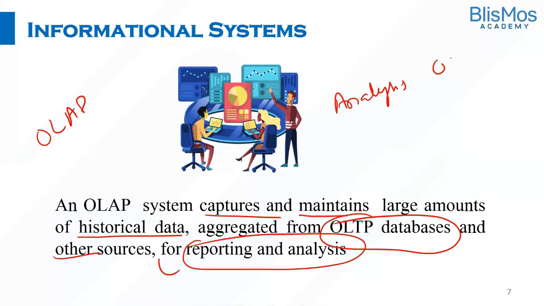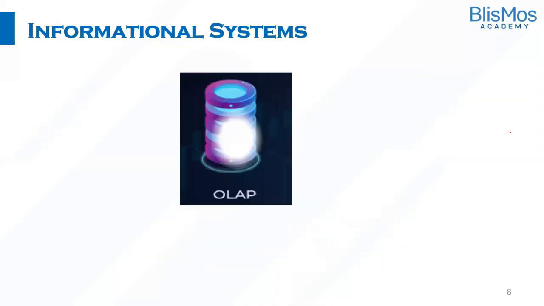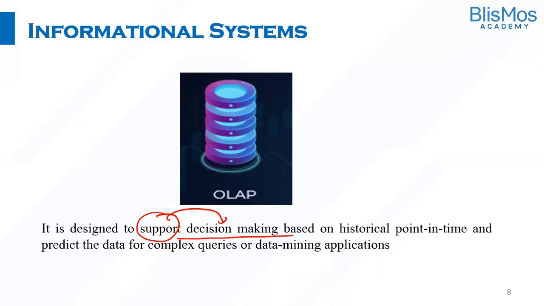What is OLAP? OLAP is online analytical processing. Whenever somebody says OLAP, don't get confused. It is online analytical processing systems. OLAP systems are mainly designed for supporting the decision making process in an organization.